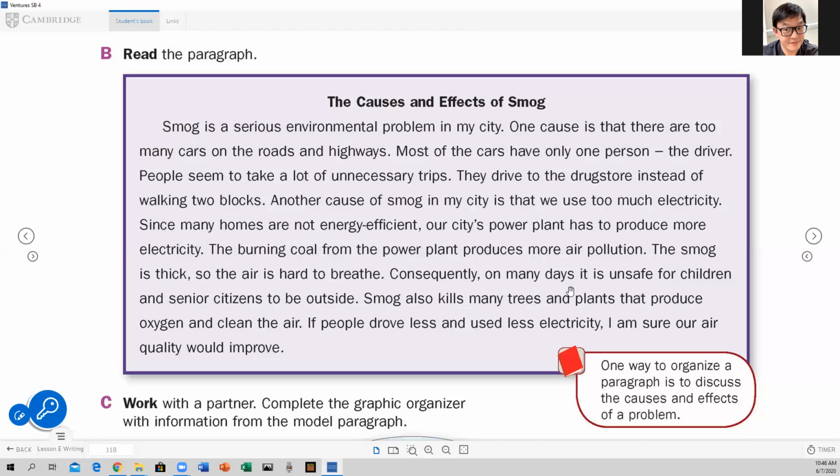Consequently, on many days, it is unsafe for children and senior citizens to be outside.